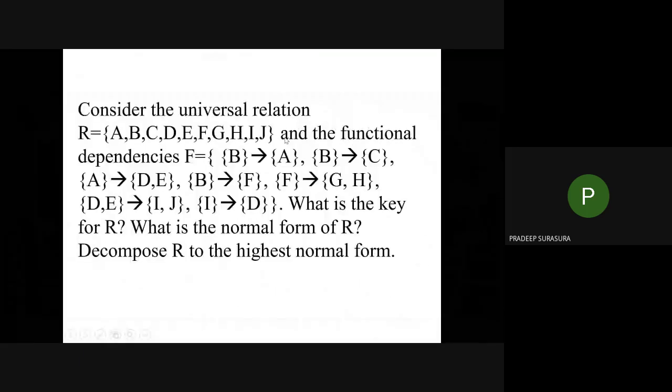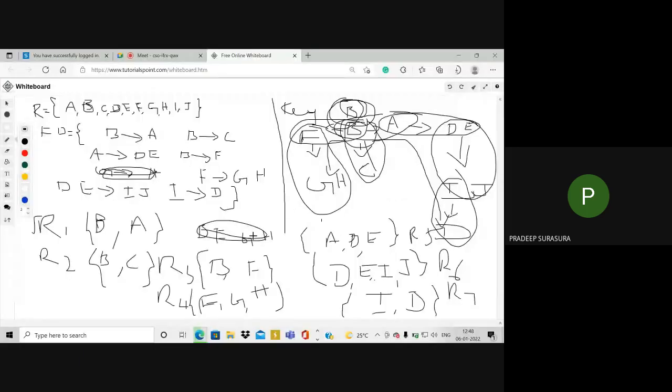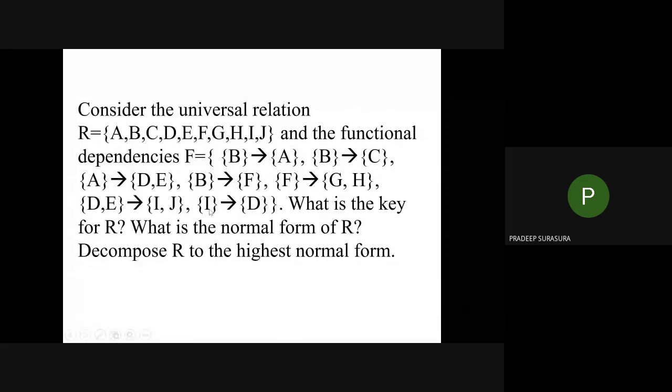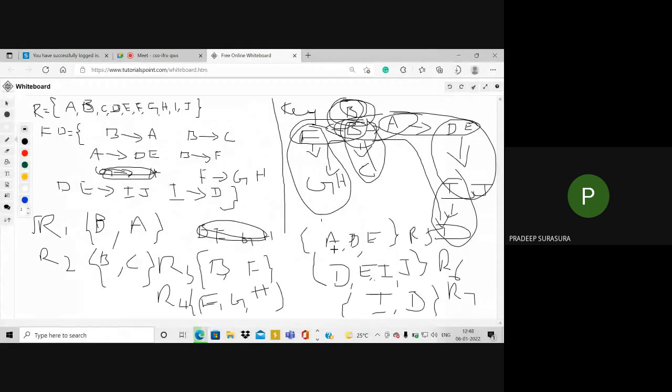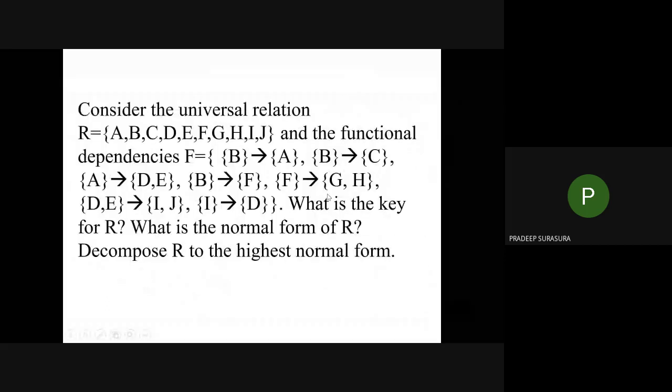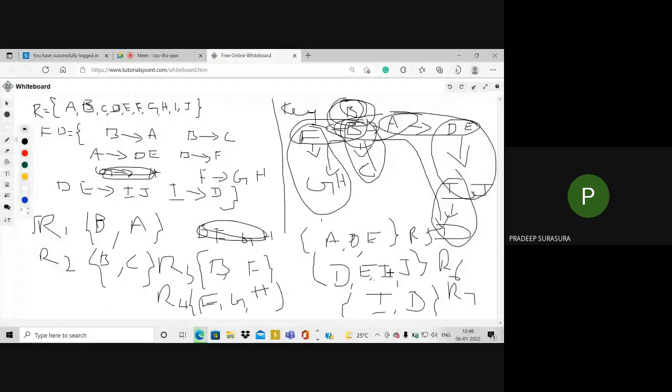So one table is B and A, one table is B and C, one table is A, D, E, one table is B and F, the next table is F, G, H, the next table is D, E, I, J, and the last table is I and D. Subsequently you need to identify what the keys are. This is one key here, this is one key here, this is one key here.